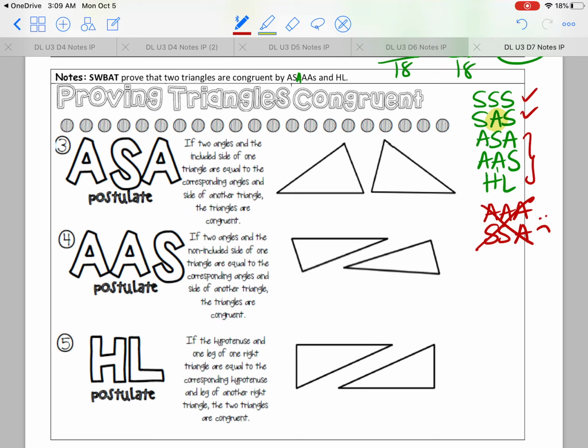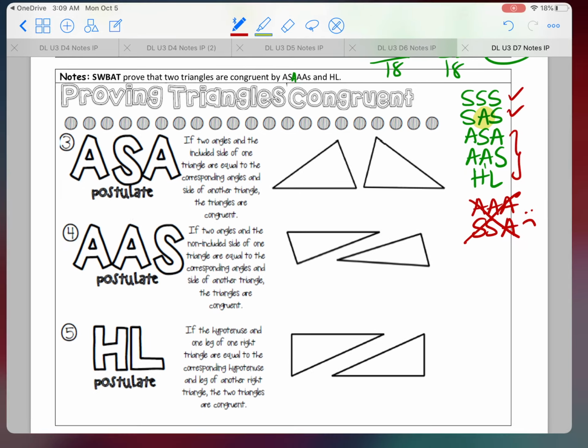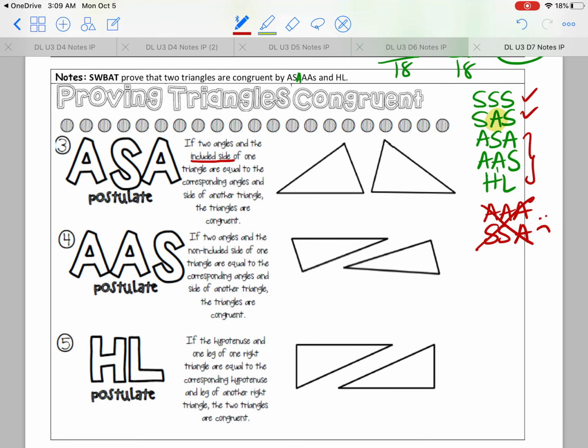So the first one is angle side angle. It says here, if two angles and the included side, the one that is in between the two given angles, of one triangle, so again, we need two angles, okay? So here, these are the two angles. And the included side must be the one in between the two given angles.